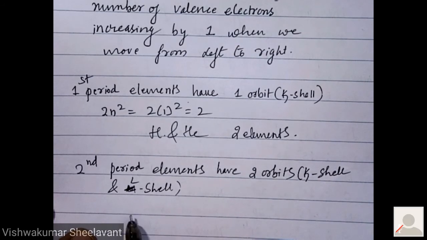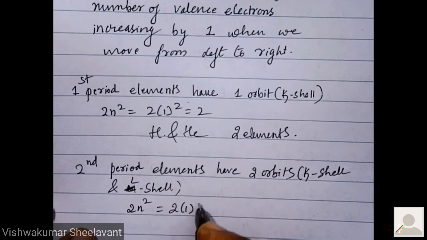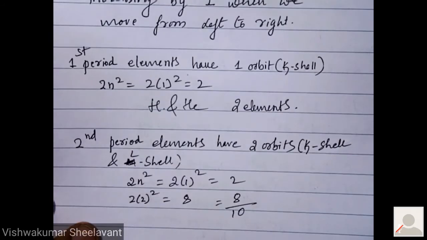So how many electrons will be there? 2n square. For the first orbit, 2 times 1 square is 2. For the second orbit, 2 times 2 square, you get 8. 8 plus 2, 10. Is it right?